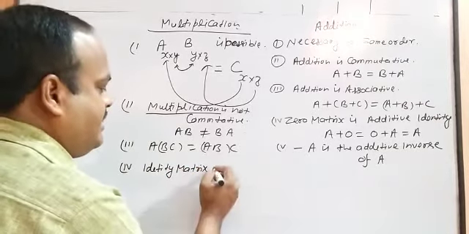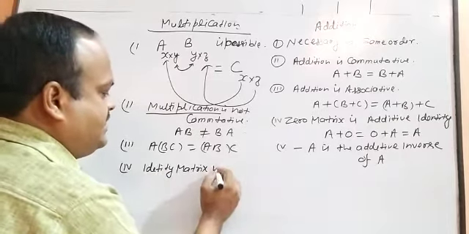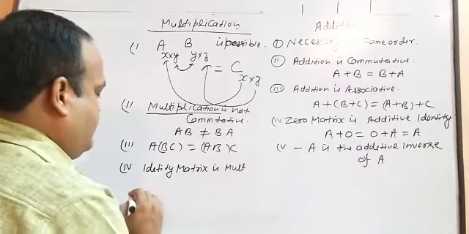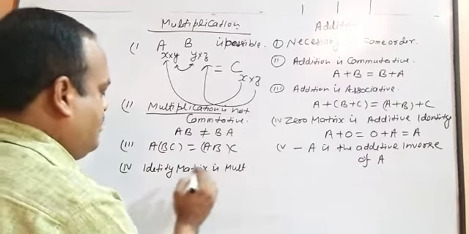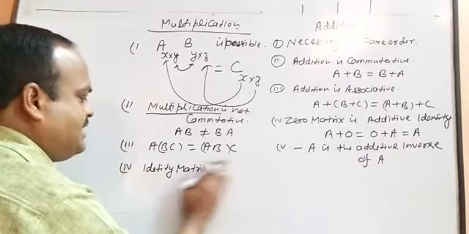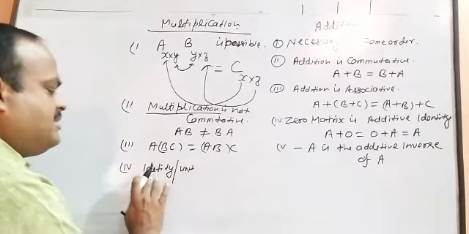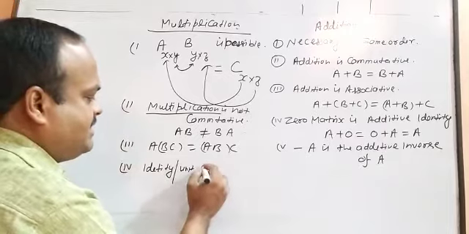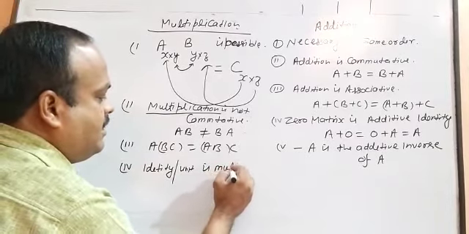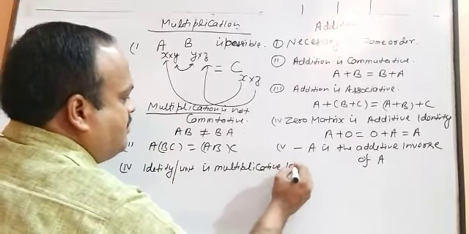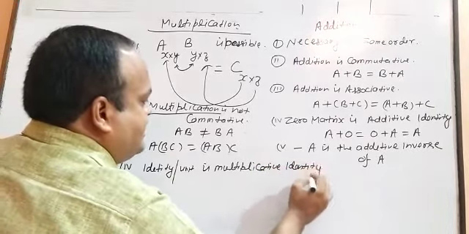Capital I, the identity matrix, which we call not only identity but also unit matrix. The unit matrix or identity matrix is the multiplicative identity matrix.